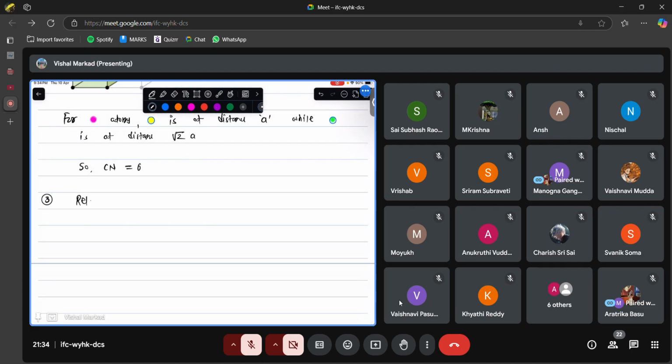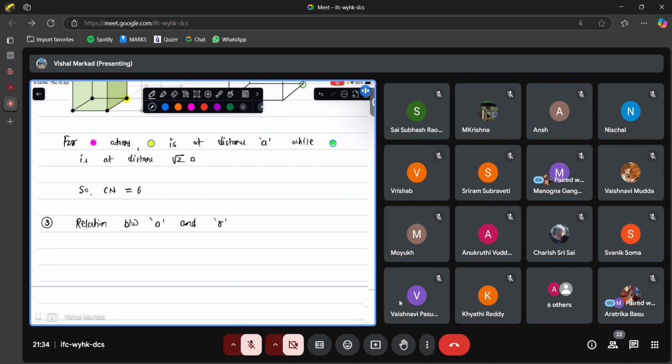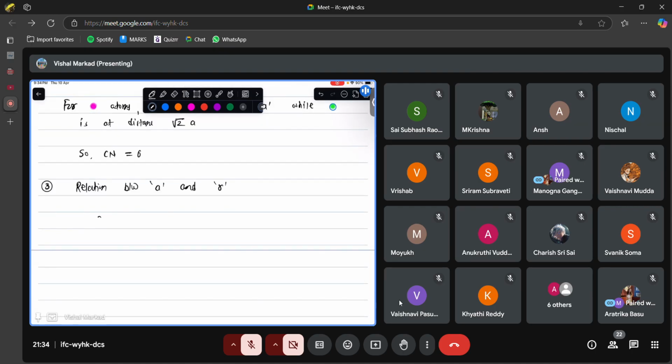Now third one. The relation between A and R. What is the A? Edge length. What is the R? Radius of sphere or atom.